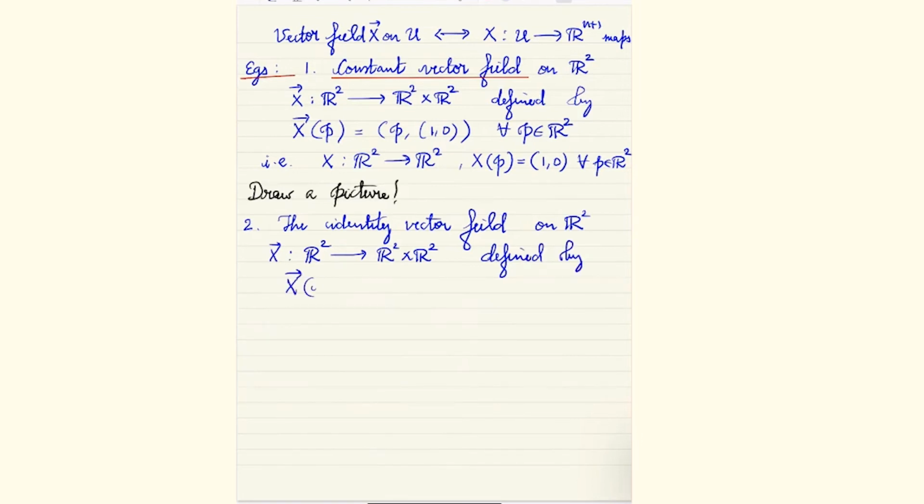The vector field at a point P will give me a tangent vector at P. But what is the tangent vector? It's going to be the point P itself, for every P. So the associated map X is the identity map on R2.